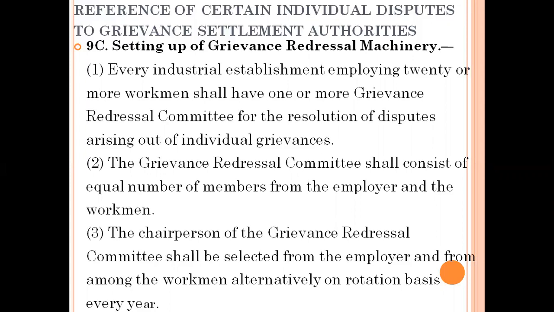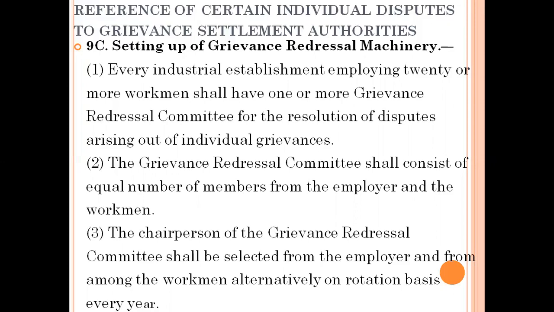And the grievance redressal committee shall consist of equal number of members from both the employer side and workman side. And the chairperson shall be selected from the employer and from among the workmen alternatively on rotation basis every year.